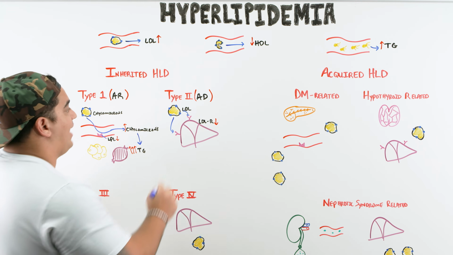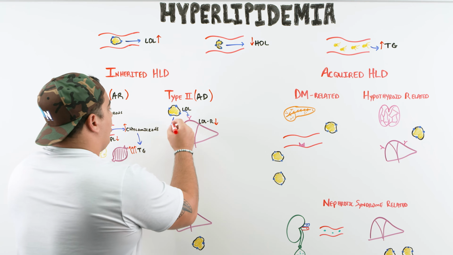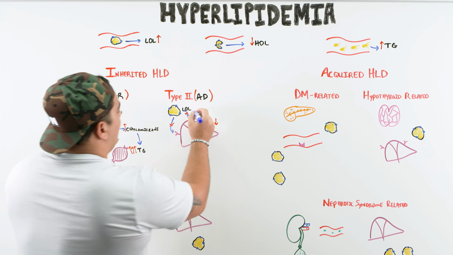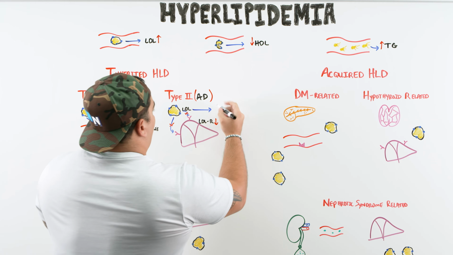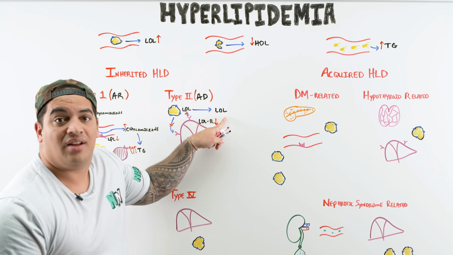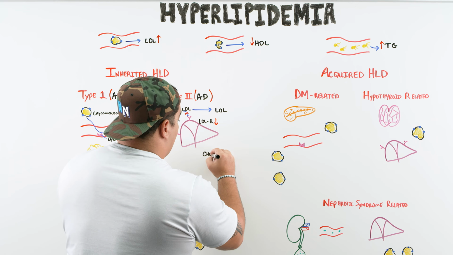And because of that, if this process does not occur, what results is the LDL stays elevated within the bloodstream. And if LDL remains elevated within the bloodstream, it carries tons and tons of cholesterol with it. So what happens to the patient's cholesterol levels?